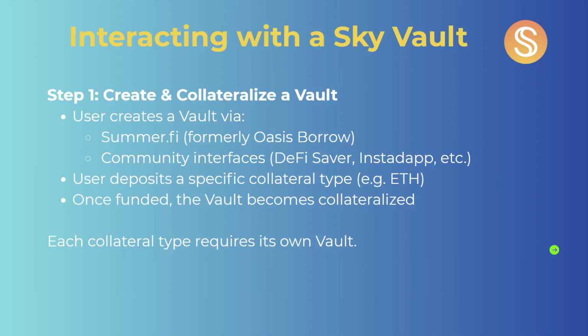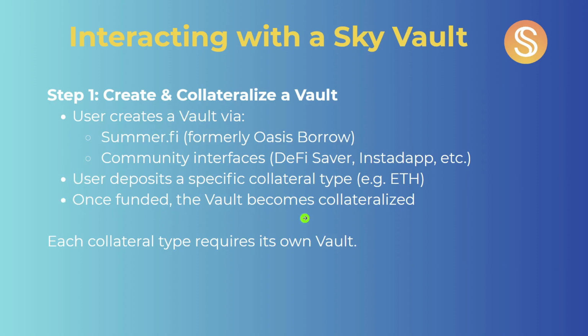So how can we interact with the Sky Vault? Step one is to create a collateralized vault. We can create a vault via Summer.fi, formerly Oasis Borrow, or a community interface, as we will see later on, such as DeFi Saver, InstantApp, and so on. Via these applications, the user can deposit a specific collateral type.